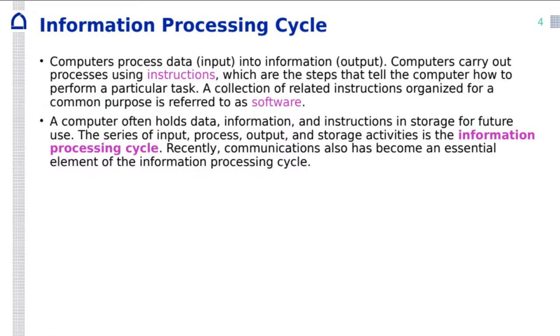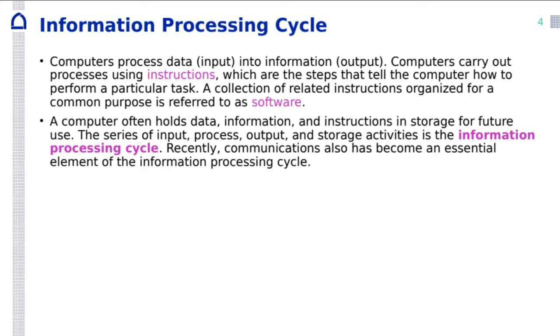The information processing cycle inside the computer is divided into stages. The computer will process the input data into output by carrying out, or executing, some processes. We call these processes instructions. What are instructions?